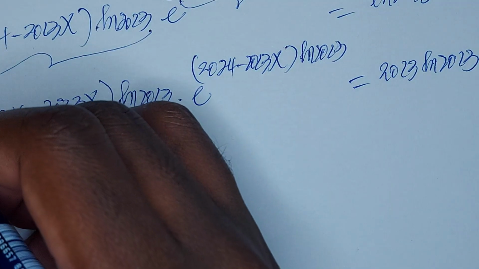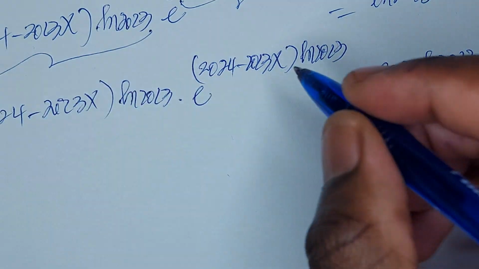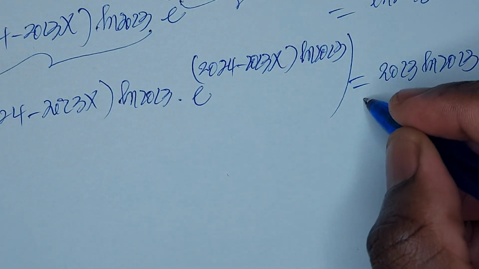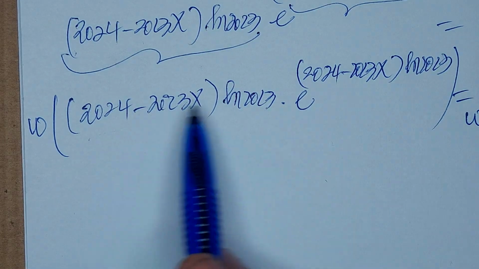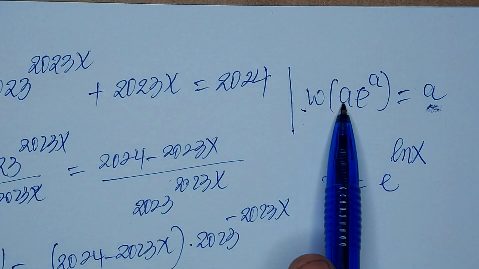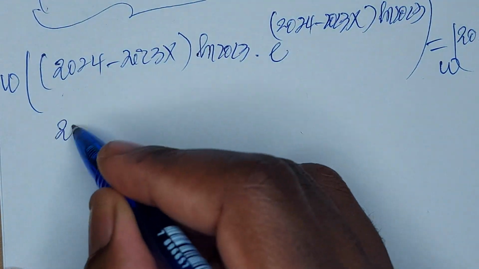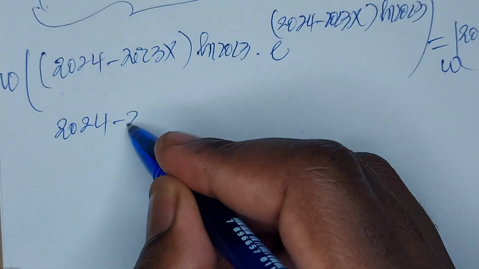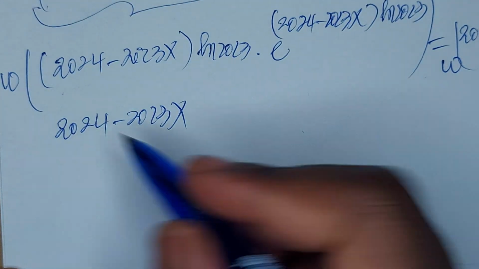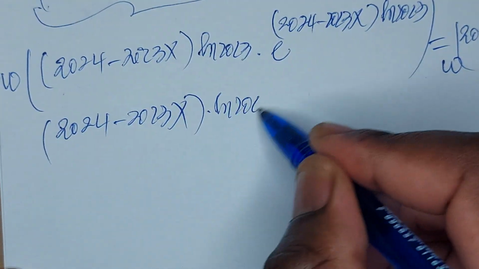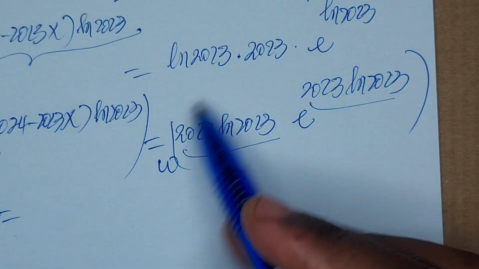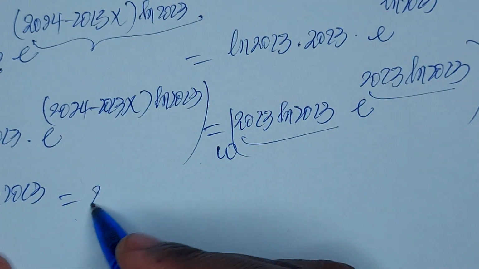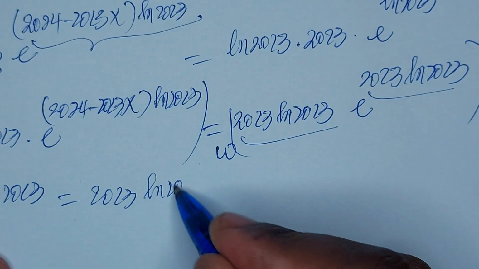Now this is a equals a, so we have 2024 minus 2023x, which multiplies ln of 2023, equal to 2023 ln of 2023.